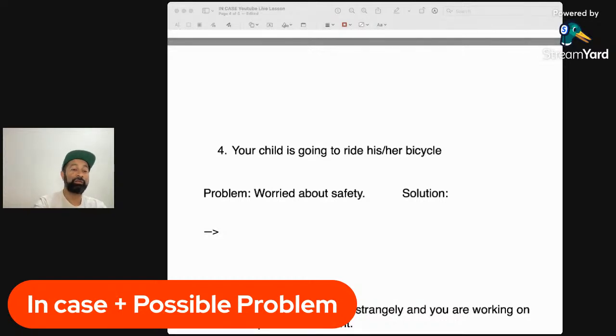And as you can see on the screen, I've left a banner there: in case plus the problem. So it's always useful. After in case is when you can introduce the problem. And before in case, if you're putting in case in the middle, before in case is the solution, your idea, your solution to prepare.